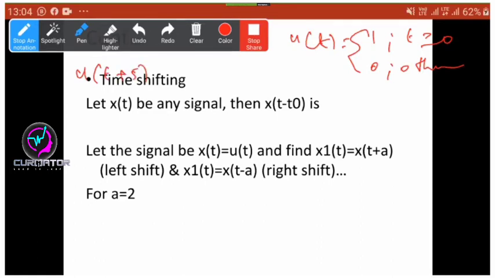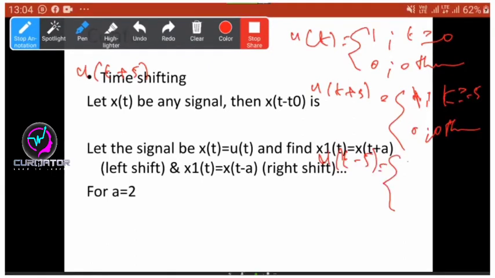What happens? Instead of t, I will substitute t plus 5 throughout this equation. So I get the same equation like this: 1 for t plus 5 greater than or equal to 0. So t greater than or equal to minus 5, 0 otherwise.